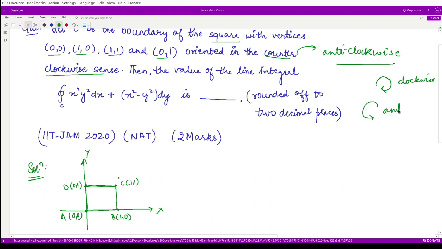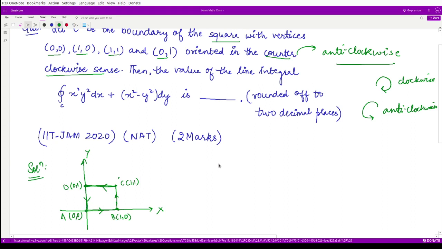So our anti-clockwise direction would be traversed by these arrows: we move from point A to point B, then from B to C, then from C to D, and then from D to the point A.